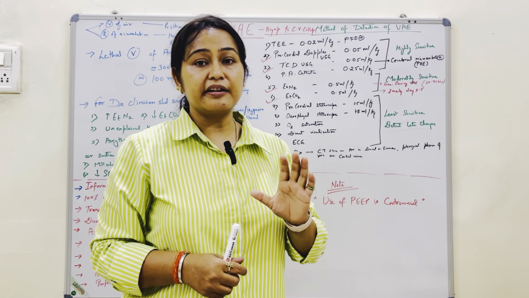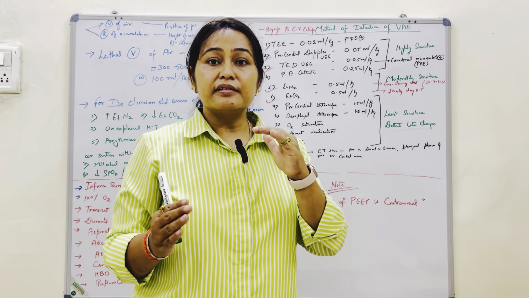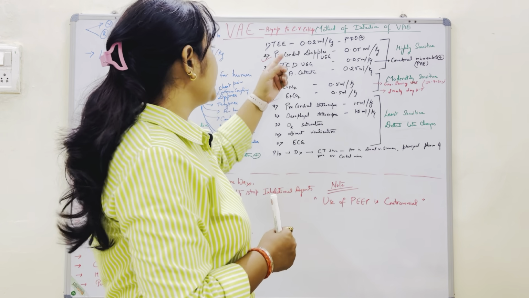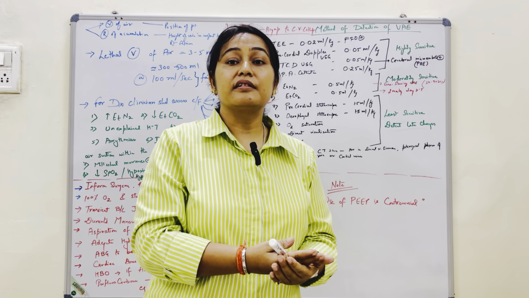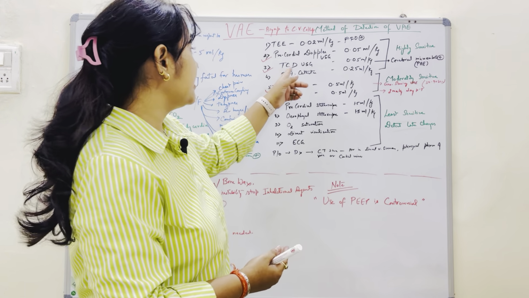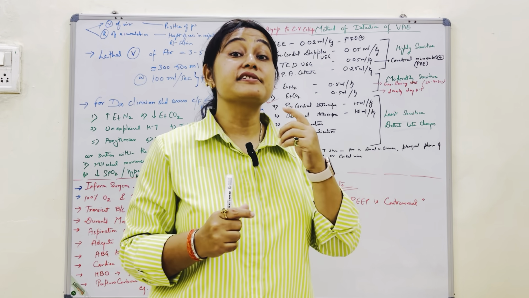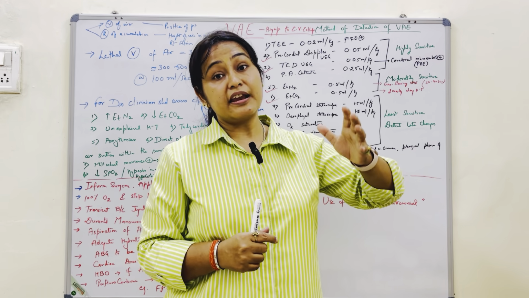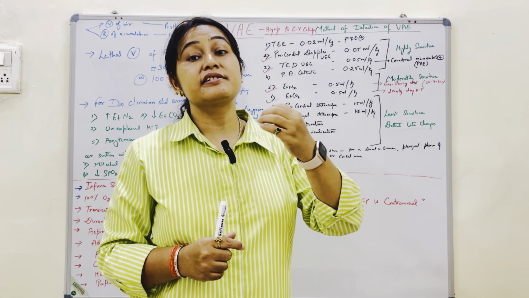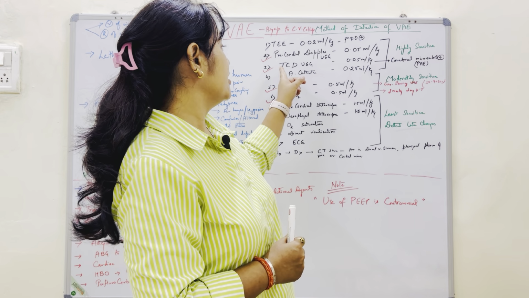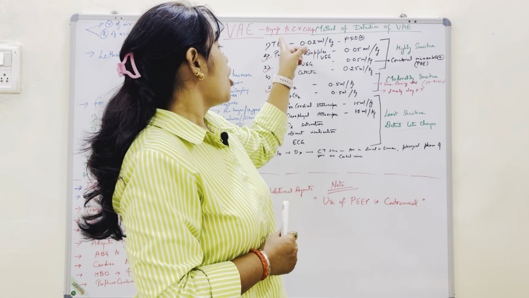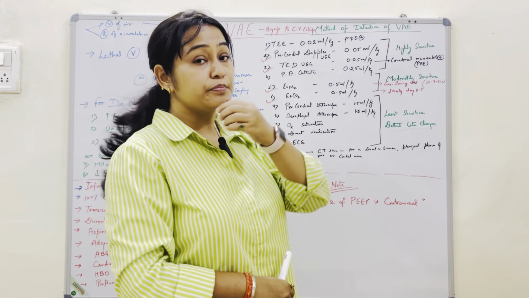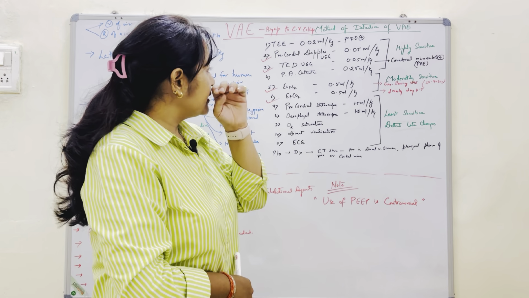Both can detect air embolism, but they detect different circulations, right? Precordial Doppler can detect venous air embolism, while transcranial Doppler is very sensitive for detecting cerebral microemboli, that means paradoxical air embolism. If the air is in the arterial circulation, we should use transcranial Doppler, or if the air is in the venous circulation, we can use precordial Doppler, right? So this is the difference.